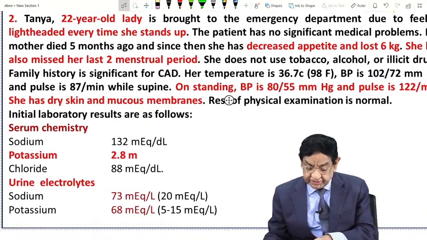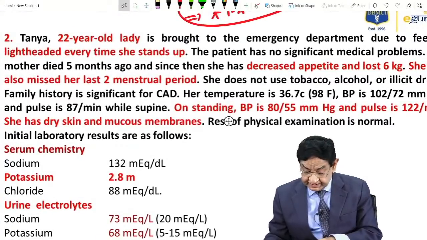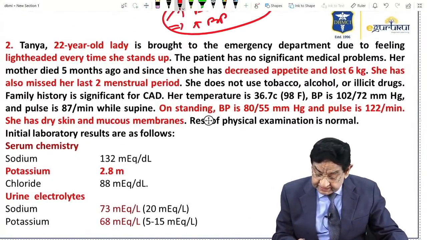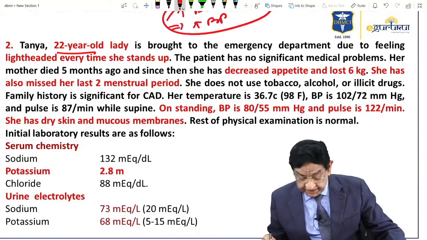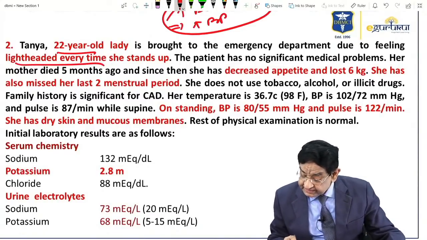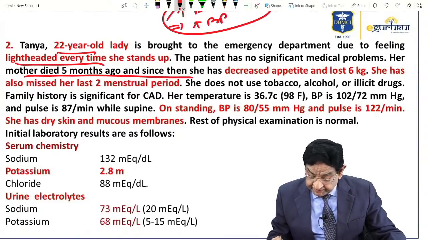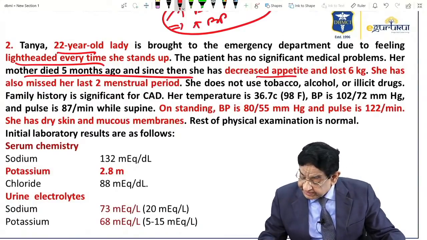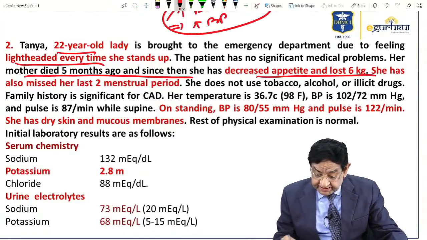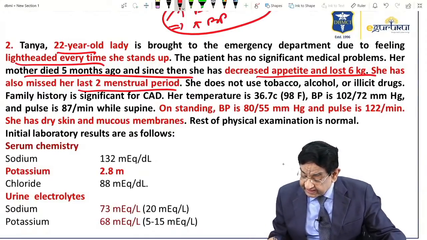There is Tanya, a 22-year lady, and she has a feeling of lightheadedness, and she lost her mother about 5 months ago. Decreased appetite, lost 6 kg, missed 2 menstruation cycles.